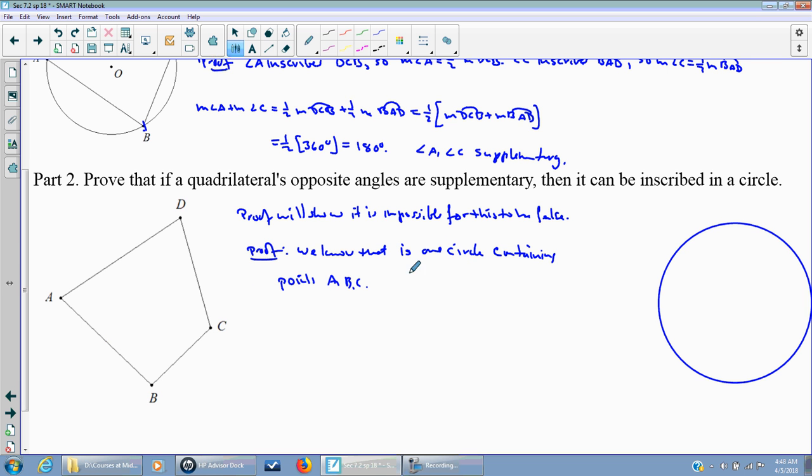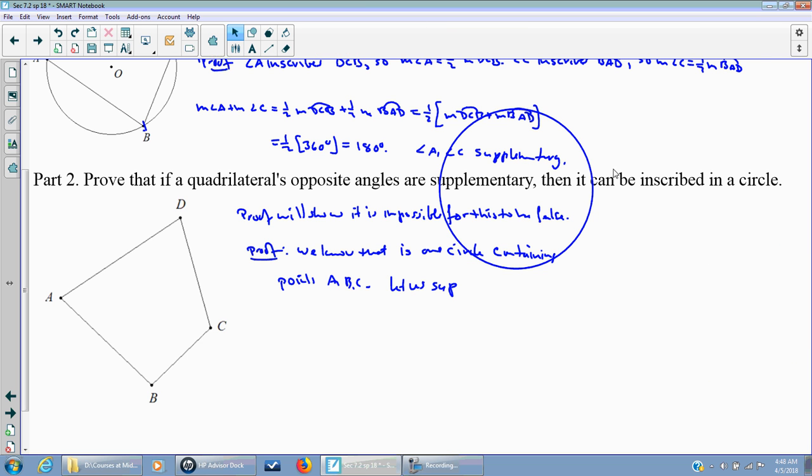I'm going to scoot this circle over there in a minute. Let me get the circle out of the way. I'll come back to this guy in a minute.